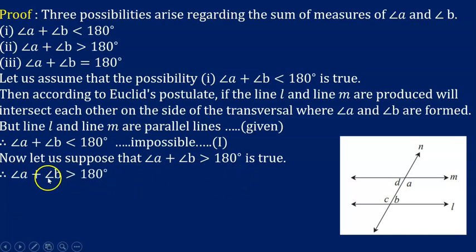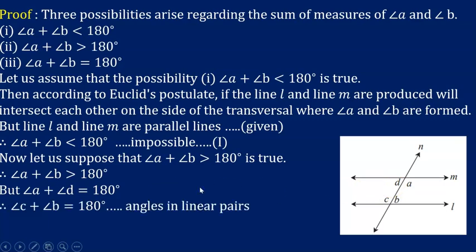The measure of angle A plus the measure of angle B is greater than 180, but we know that A and D are linear pair angles, so their sum is 180. Similarly, the measure of angle C plus B is equal to 180, as these angles are a linear pair.